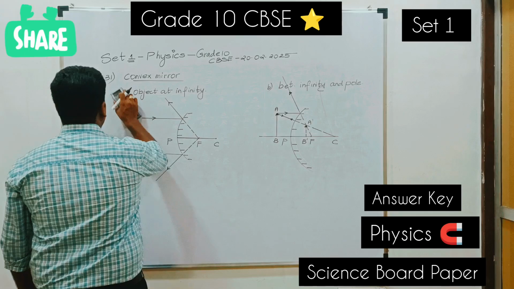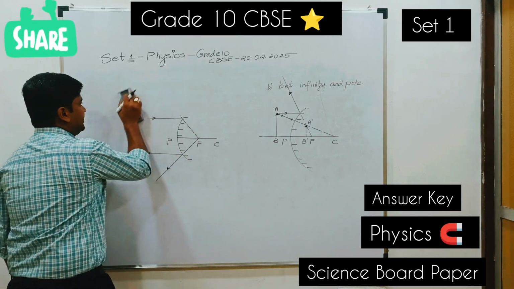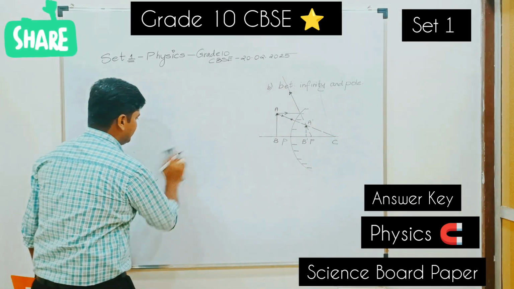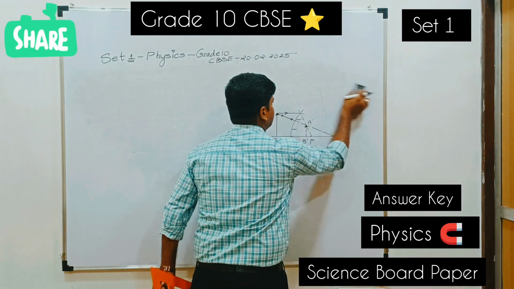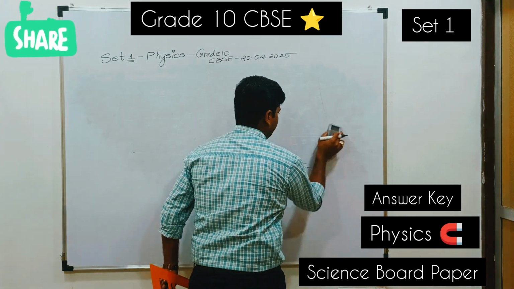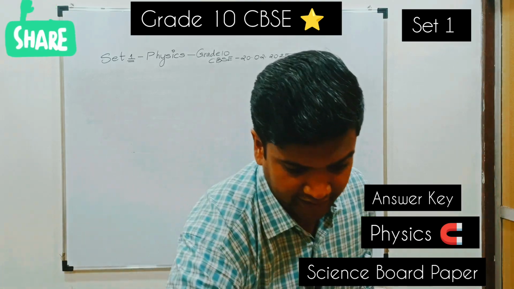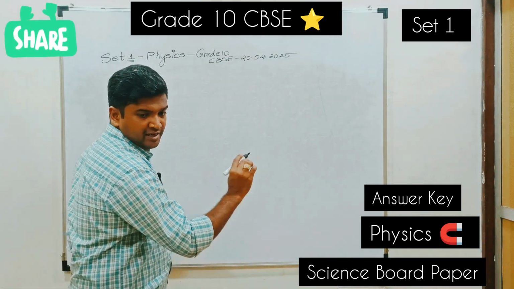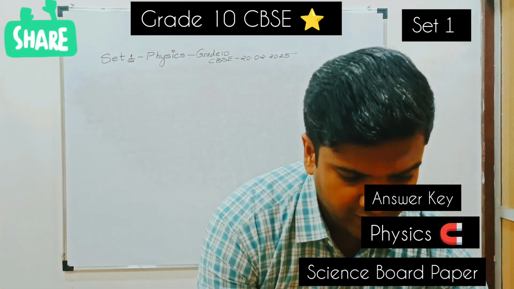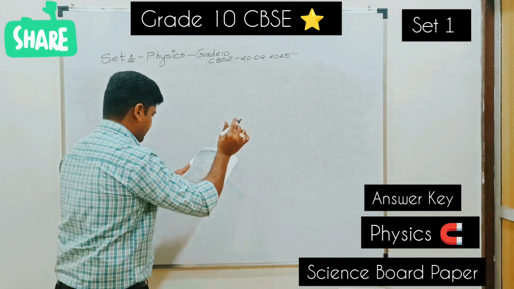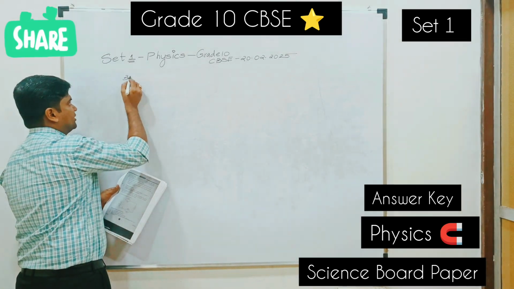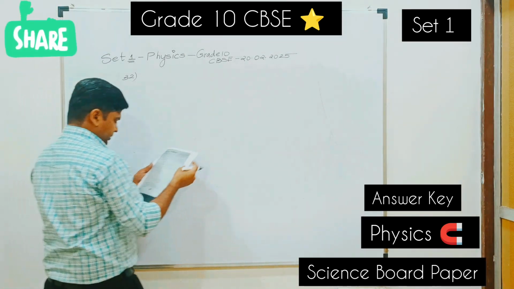Now, moving on to 32. In 32 we have a nice electrical circuit diagram in which two resistors are given, 10 and 15. One second, I'll draw this in a rough format. So this is question number 32.